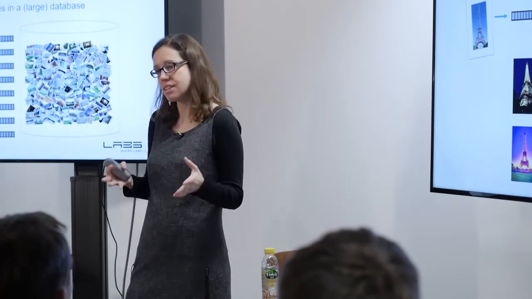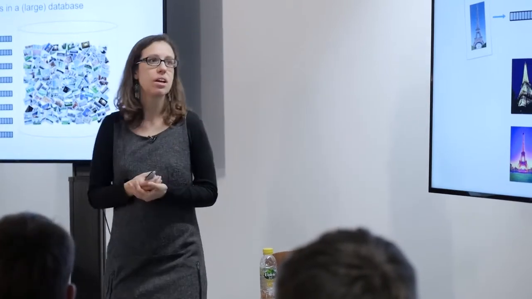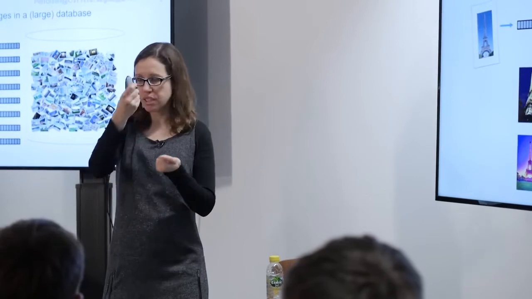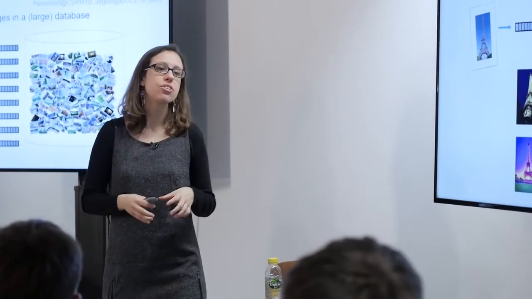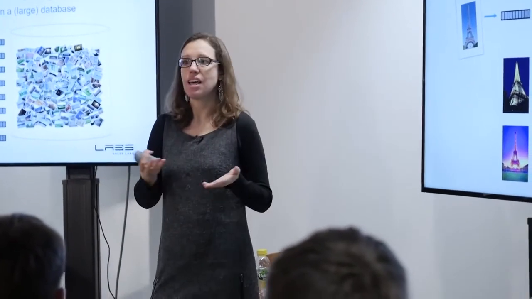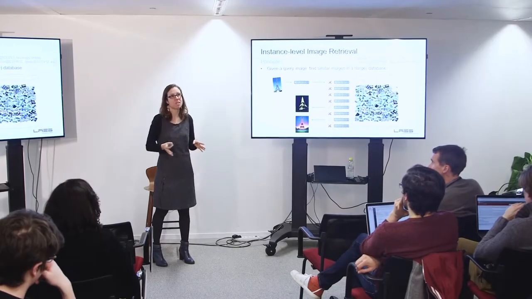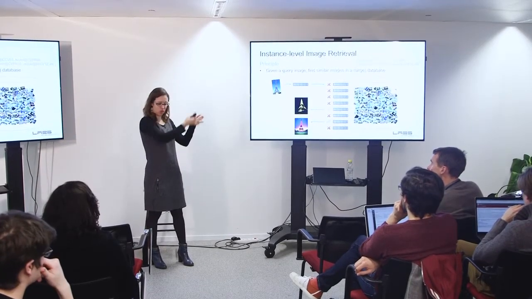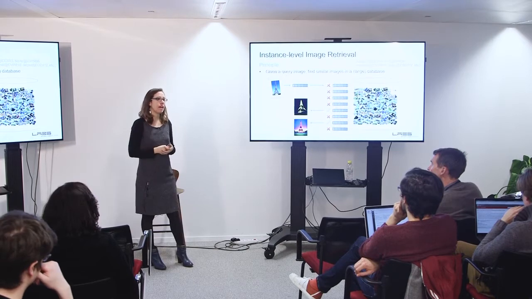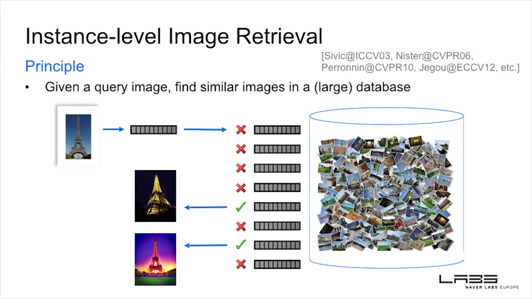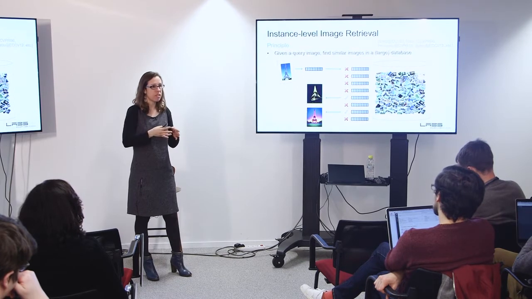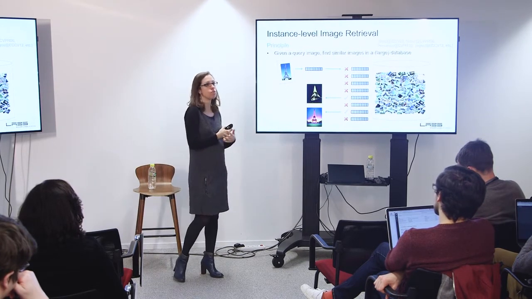So if you have data sets that are of reasonable size, then you can still do the exhaustive comparison. If you start having billions of images, then you probably need to pre-process a little bit so you don't go through the entire data set. And you have dedicated techniques for that. But no matter what technique you do, at some point you need to refine. Once you've chosen a set of candidates, you need to refine within this set, and that's where you need to use this.